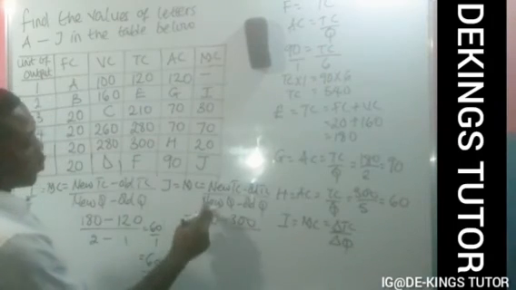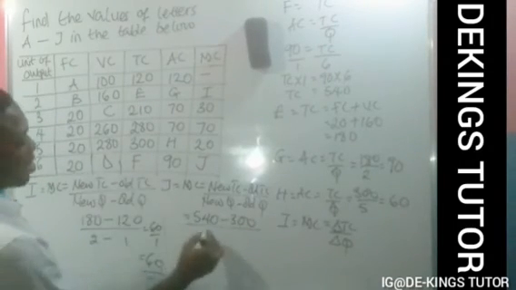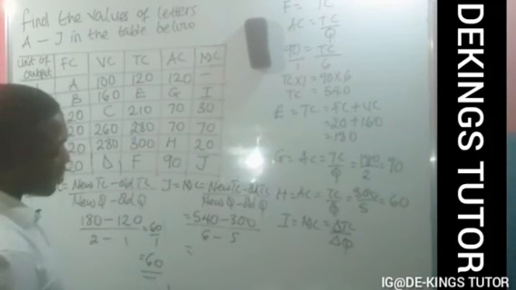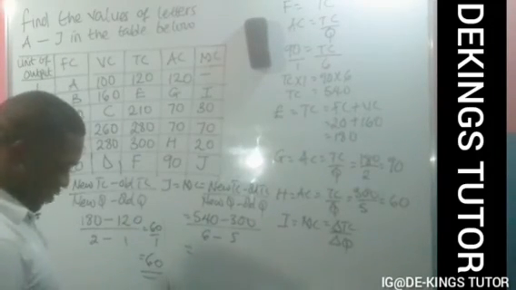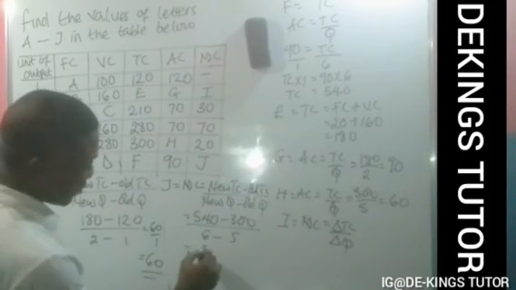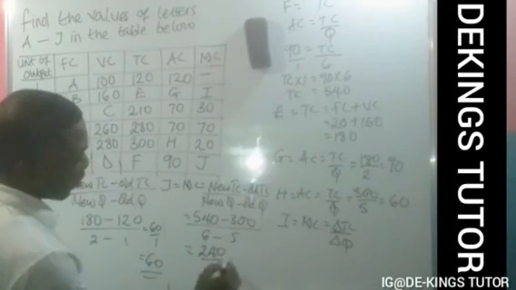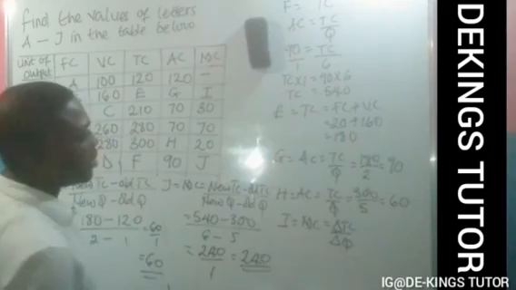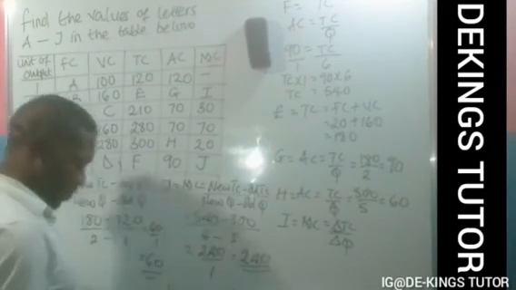The new quantity is 6 minus 5. So 540 minus 300 will give us 240, divided by 1. So our marginal cost here is 240. So that's how to solve this aspect.